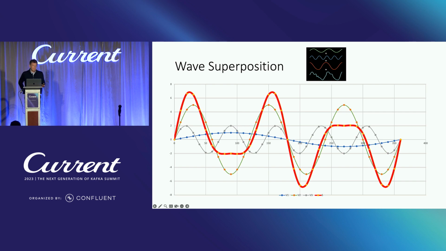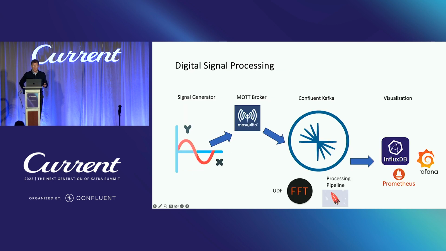So now let's try to create a system which will include a signal generator, where you can generate some signals with a complex form, and we broadcast them to the MQTT broker, Mosquitto in this case, and then we connect Mosquitto to our Confluent Kafka via connector.